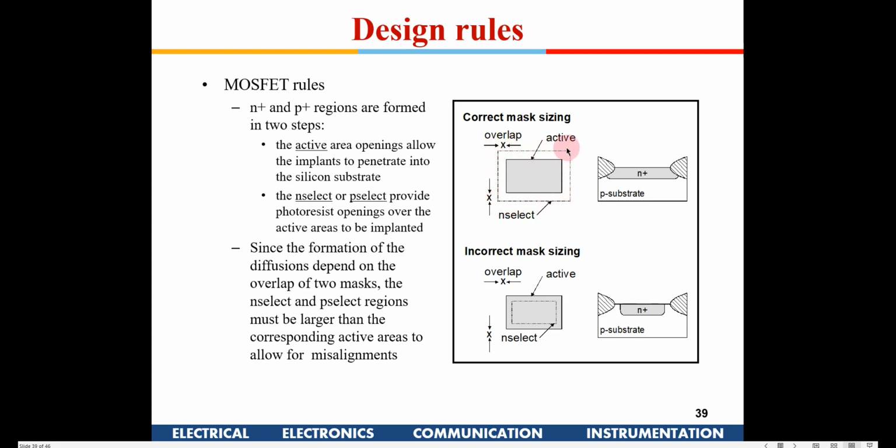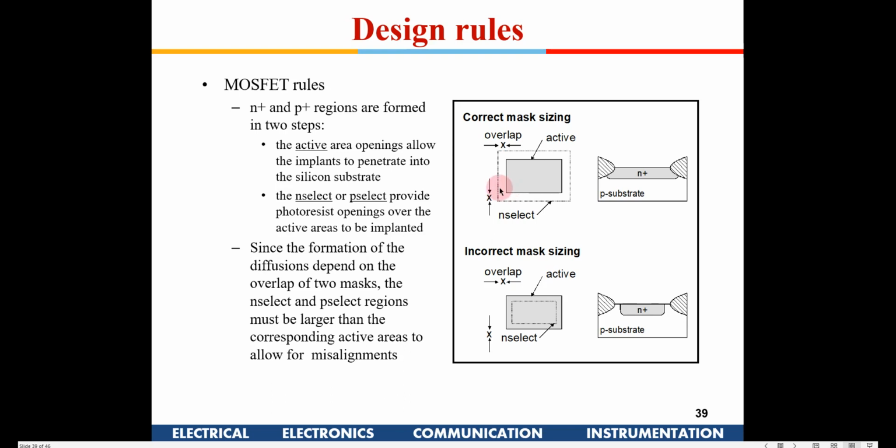This is the dimension of the mask, which is known as N select, and this is the active area. You have to cater for this, because on the edge of the mask an active area will be formed when you are doing the implantation, right.